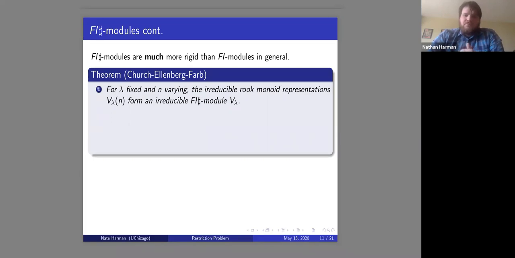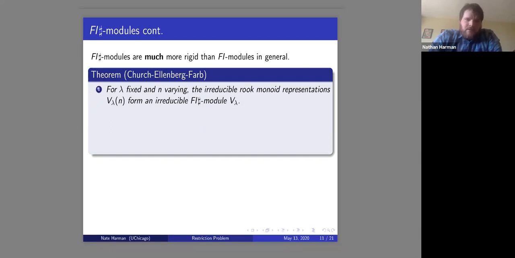They just have much more rigid structure, as I'll illustrate here. So these irreducible representations V lambda of the Rook monoids fit together into an irreducible FI sharp module. In the same sense that we can take the Specht modules W lambda of n for different n and those form a polynomial functor, these irreducible representations of the Rook monoid fit together into a single irreducible representation of FI sharp.